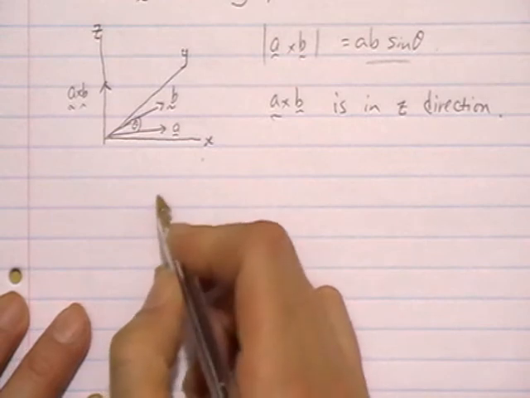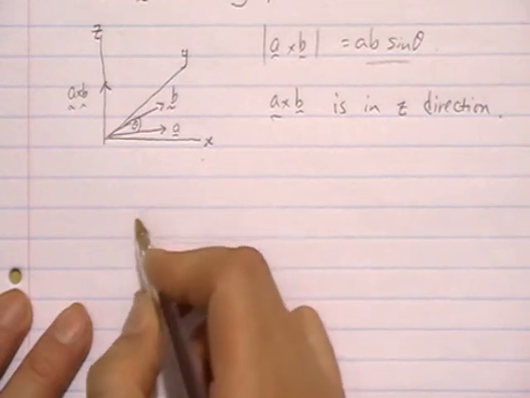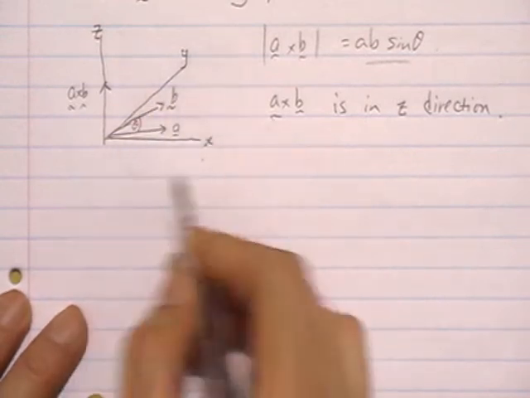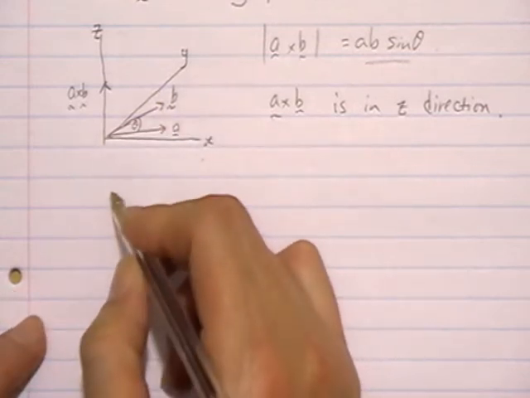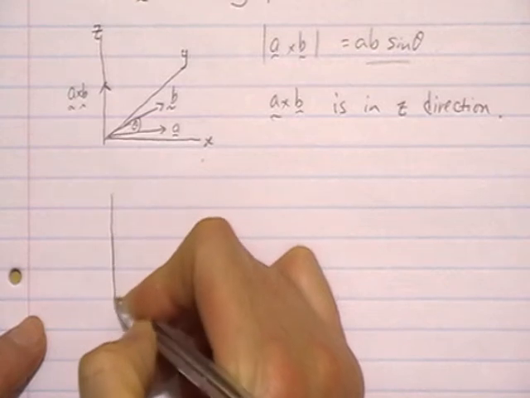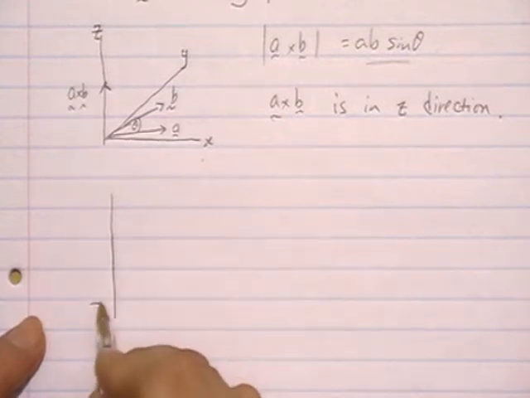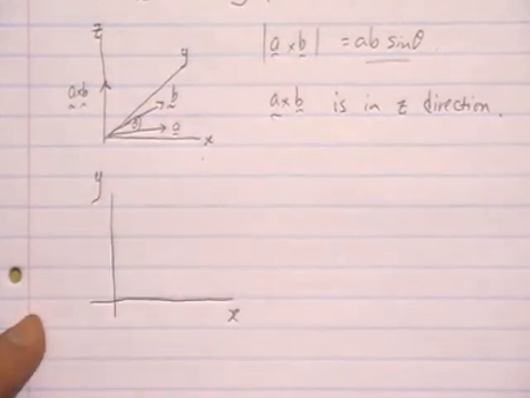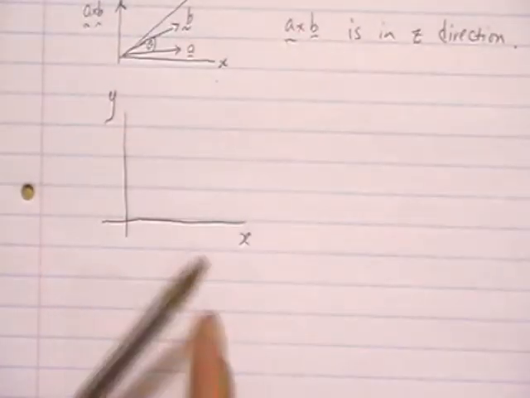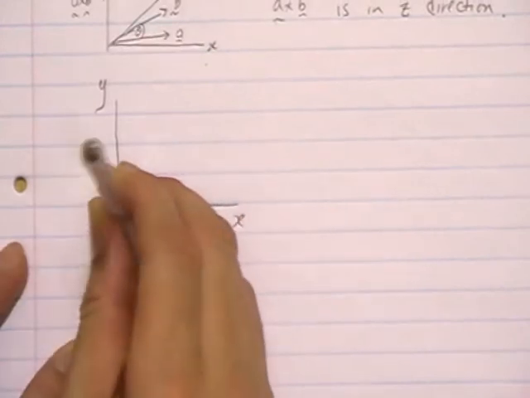If I look at, say, I'm now going to just focus on the xy plane. So I'm going to look straight down. Like that. Okay, so the z direction will be pointing upwards.